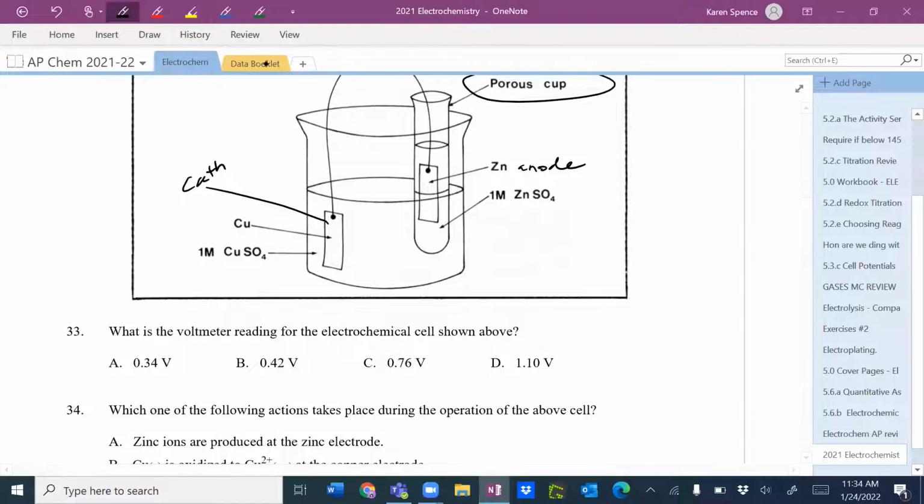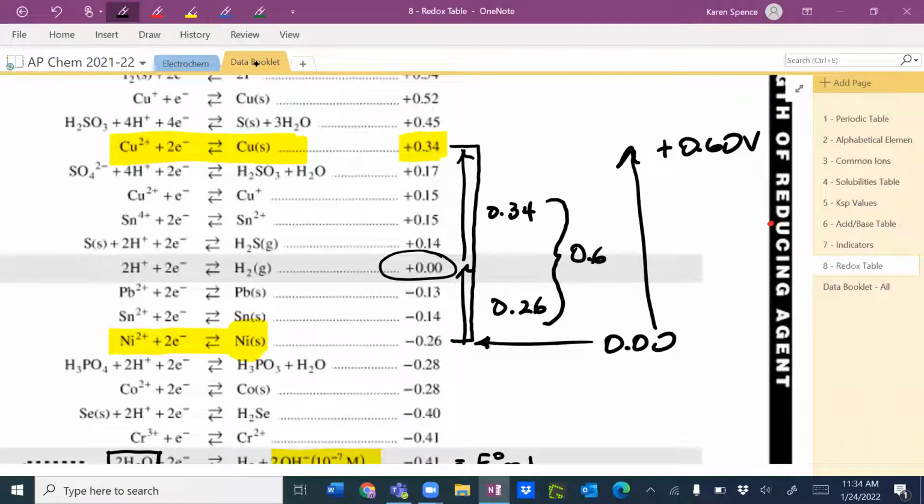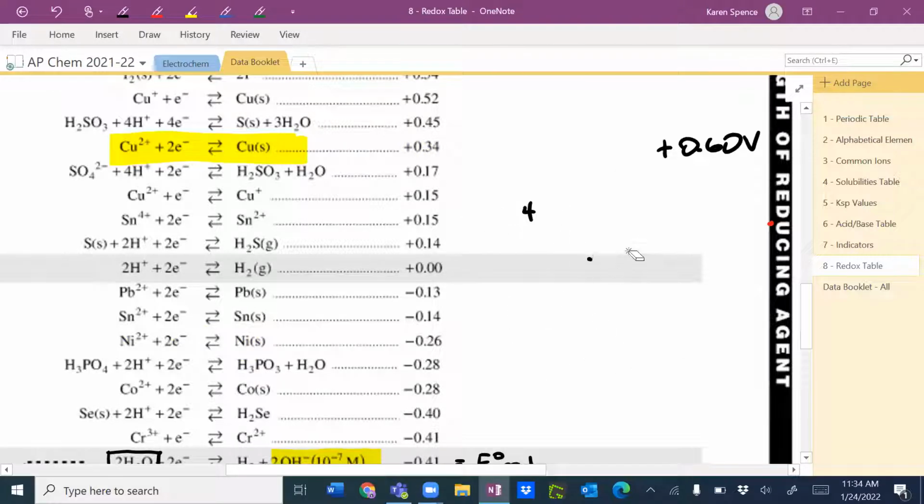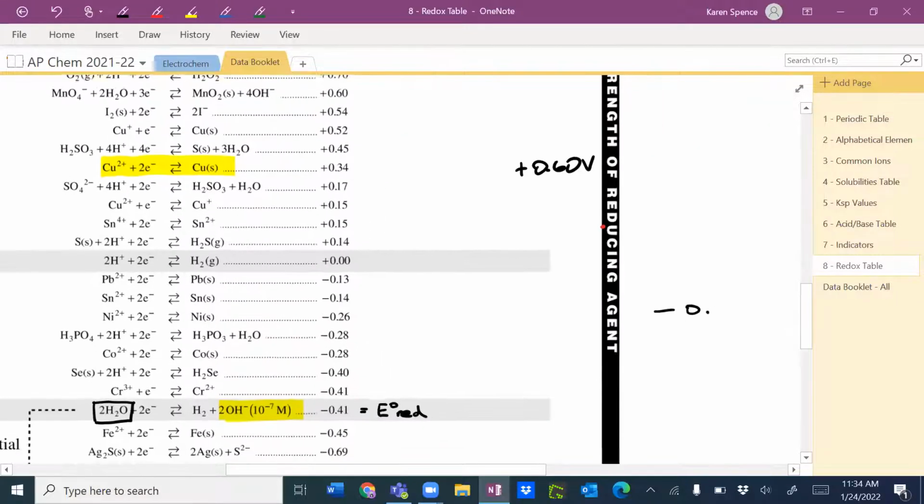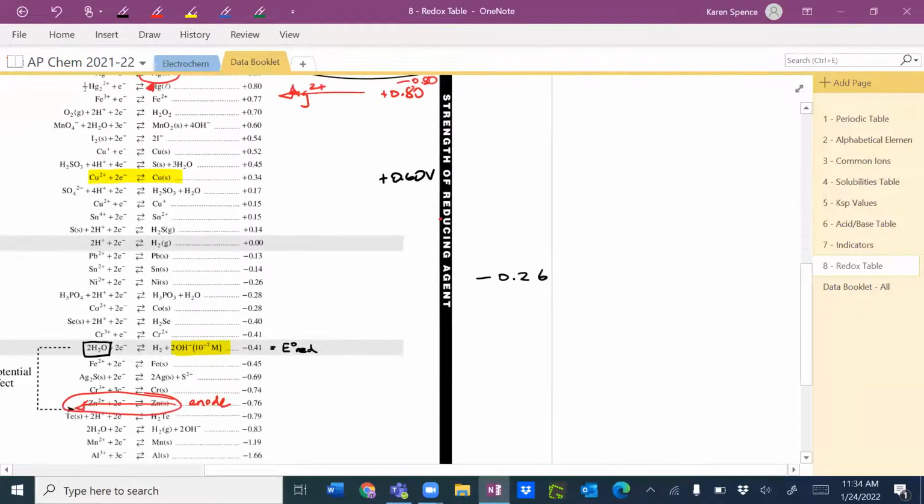But if you didn't know that because you haven't done it for 30 years, you could look up copper and zinc. There's zinc way down there. And in order for this to be spontaneous, because it's an electrochemical cell, we have copper, zinc.